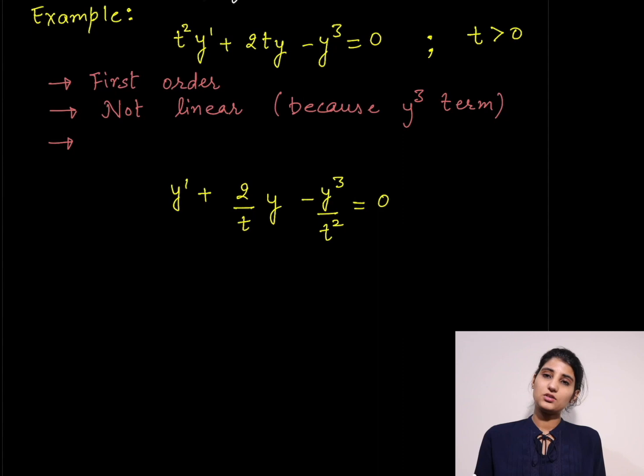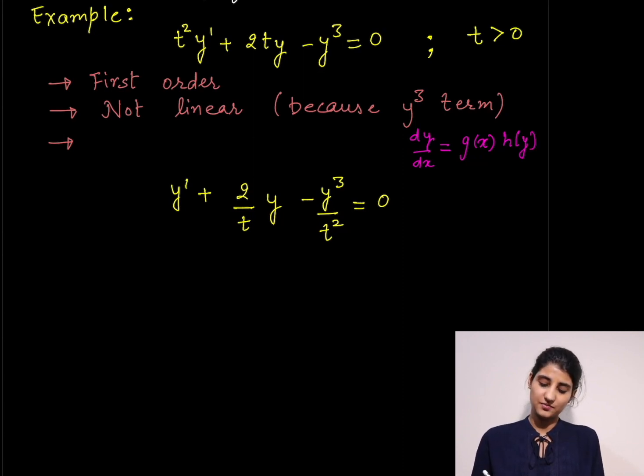And for a separable equation, the form was dy over dx equal to a function of x times a function of y, a function of the independent variable times a function of the dependent variable.